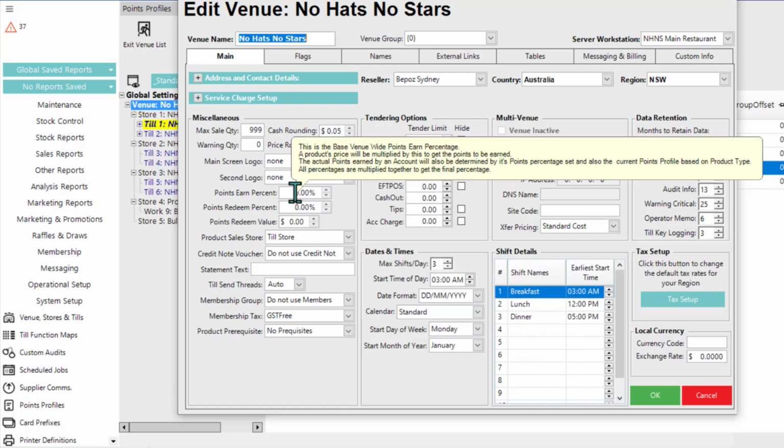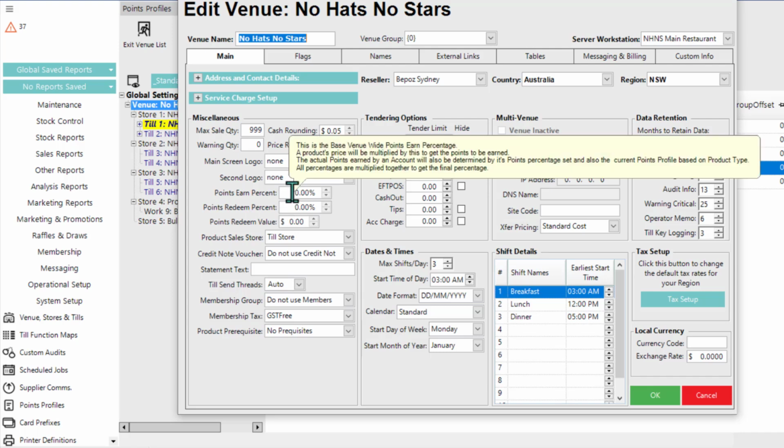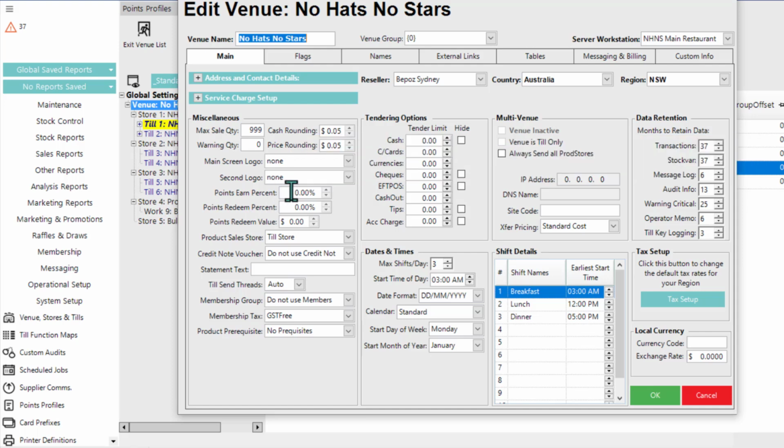The actual points earned by an account will also be determined by its points percentage set, and also the current points profile based on product type or product sort. All percentages are multiplied together to get the final percentage." Couldn't have said it better myself, so let me just go ahead and set that to 100% too.